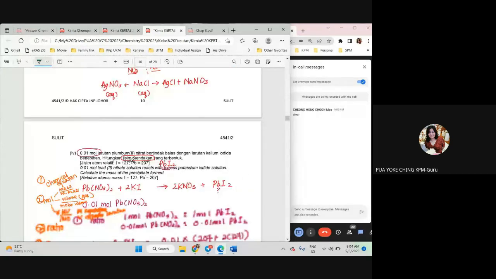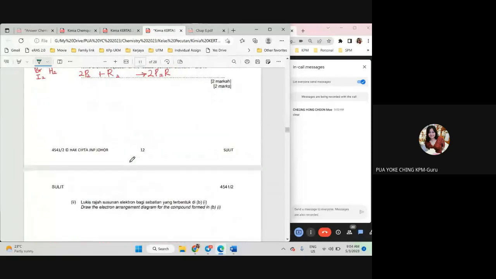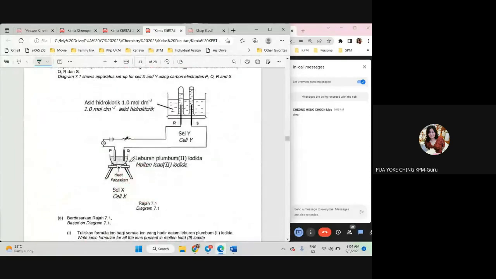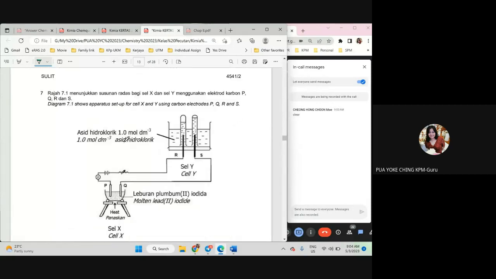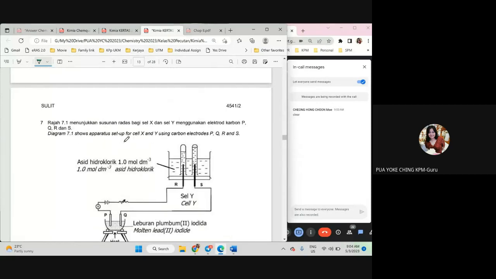Okay, so it should be chapter 1 from 5, which is redox. Okay, so this is question number 7. So for chapter 5, for chapter 1 from 5.